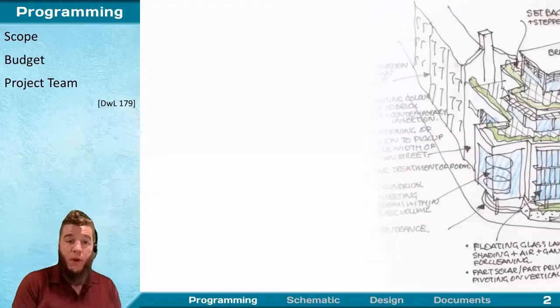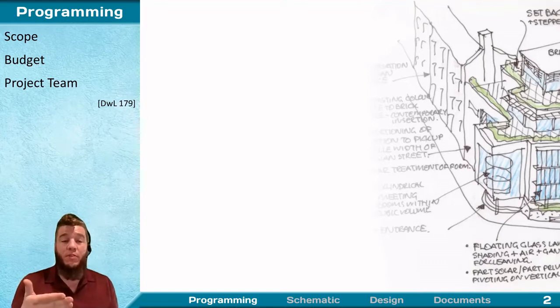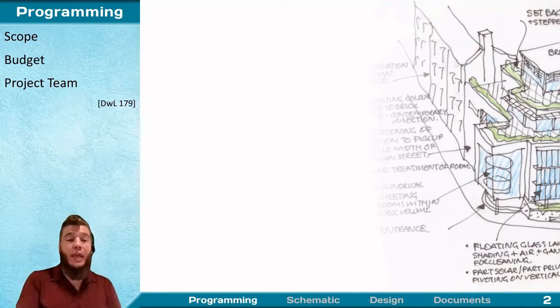Starting with programming. And these 3 elements that I have presented here, you could almost call pre-design if you're looking at the IES handbook. So these are the aspects that you want to address before you even get started with any work on the project. And so that's simply the project scope, in particular, what you'll be doing as a lighting designer on the project.